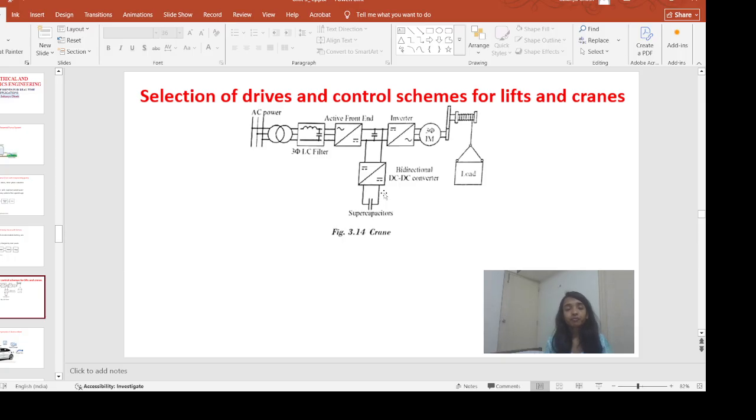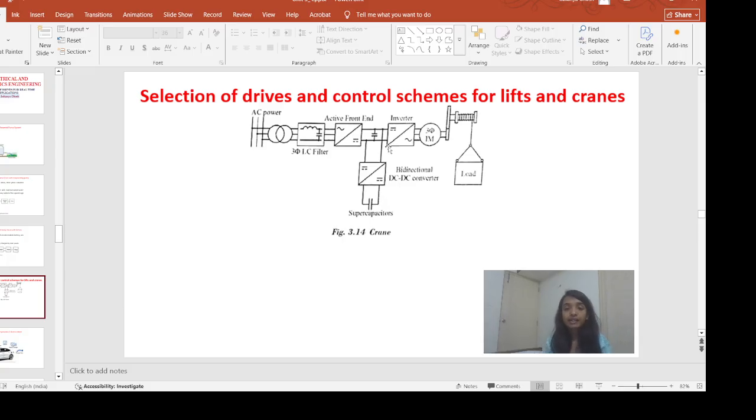And whenever there is some excess power, the supercapacitor will store that electrical power for future use.